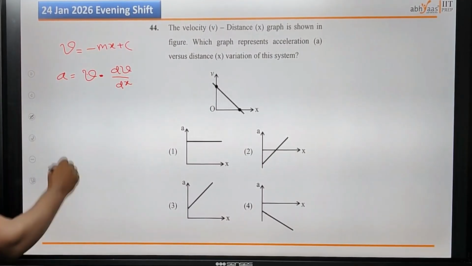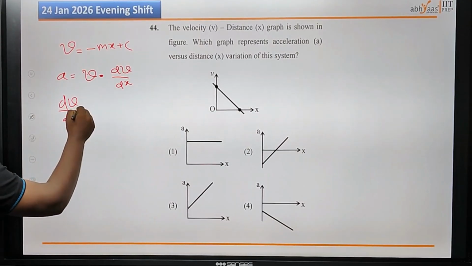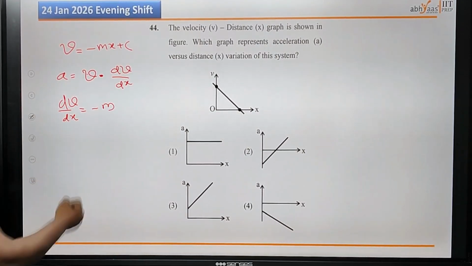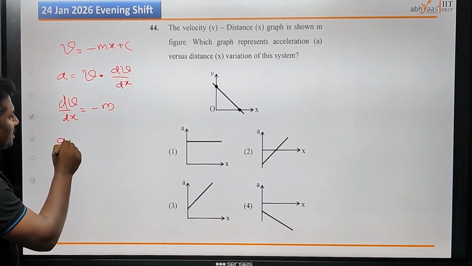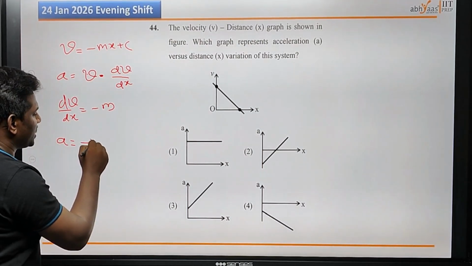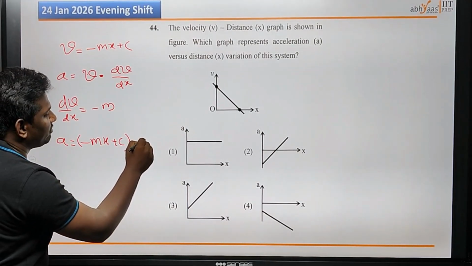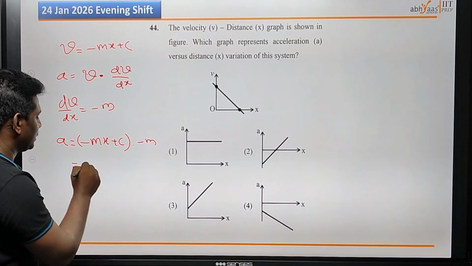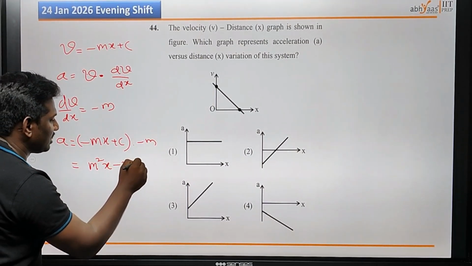What is the value of dv by dx? From this one, dv by dx is minus m. Then acceleration can be written as, you substitute v, minus mx plus c, into minus m. You will get m square x minus mc.